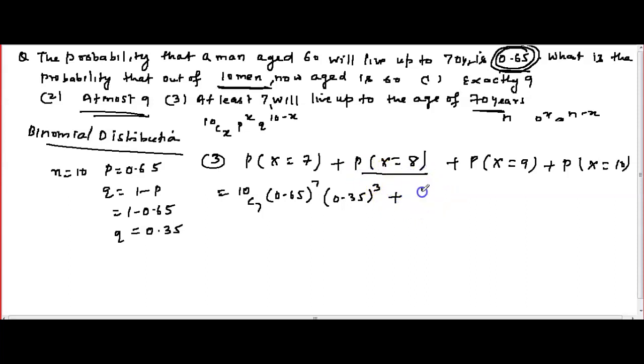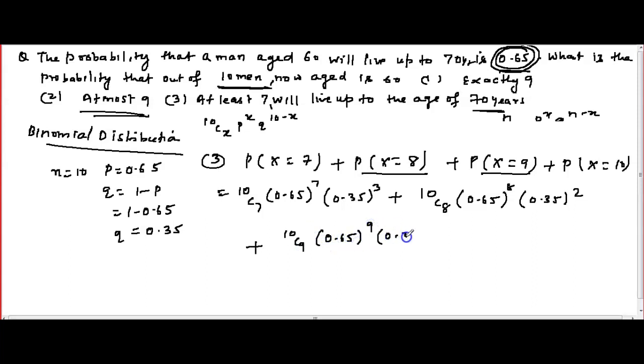X equal to 8, you substitute 10C8, 0.65 to the power of 8, 0.35 to the power of 2. 9, you substitute 10C9, 0.65 to the power of 9, 0.35 to the power of 1, and 10C10, 0.65 to the power of 10, and this is 1. So this one you can calculate and you can find the answer. Any doubt till here?